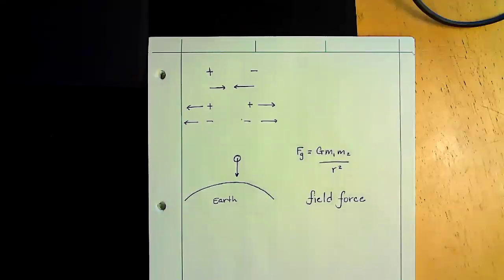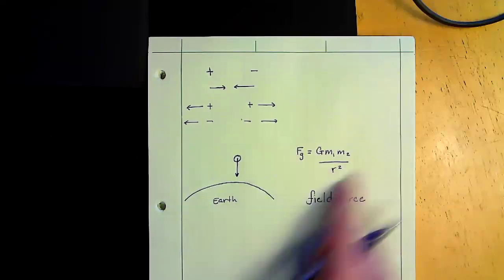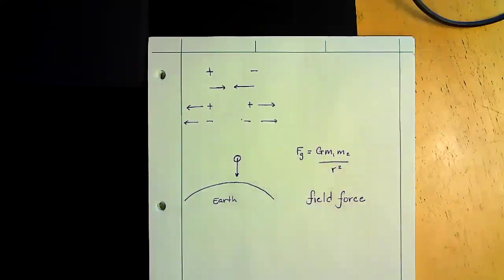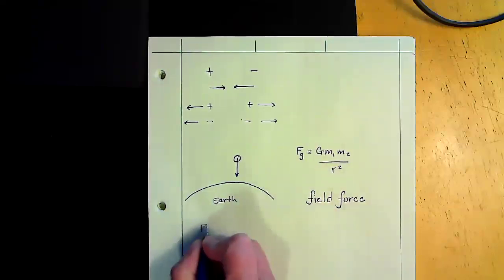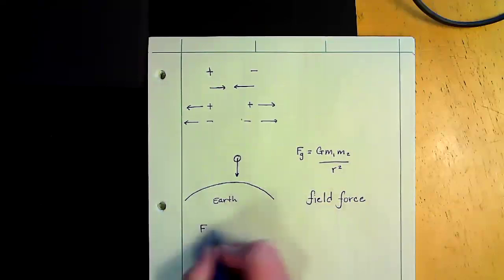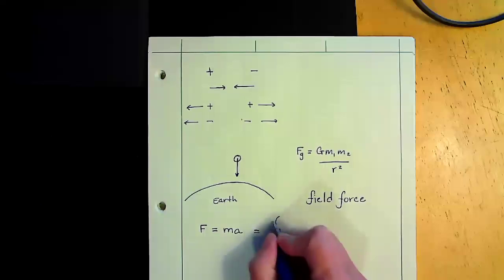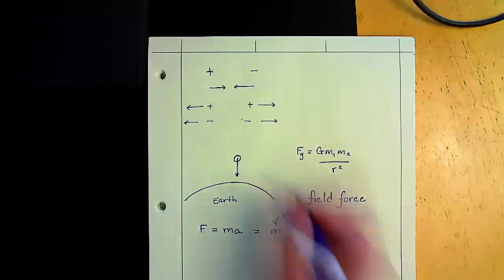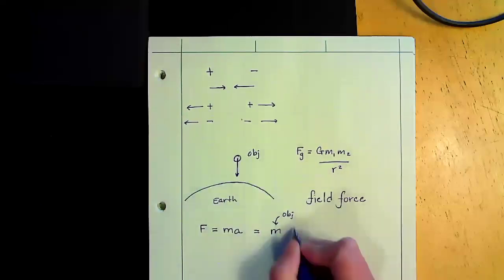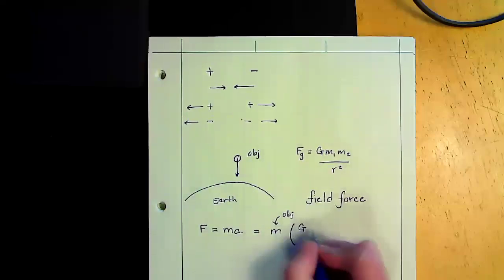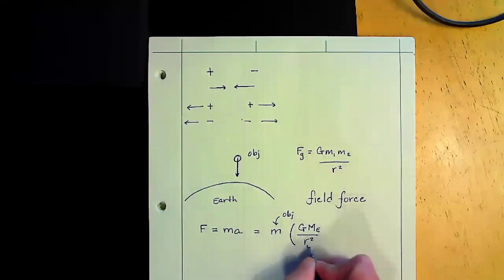So you've got this field force that's coming down. Now let's look at how we've dealt with this in the past. If I go to Newton's second law, we write down mass times acceleration, but if we're using the universal law of gravitation, this is the mass of my object, and then I've got my gravitational constant, the mass of the Earth, and the radius of the Earth.